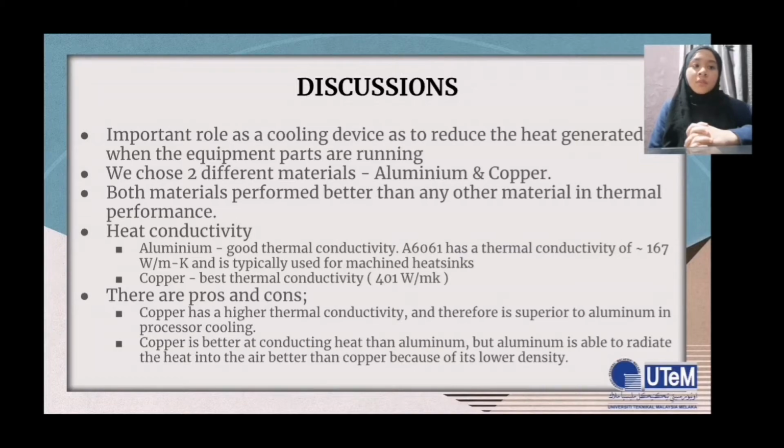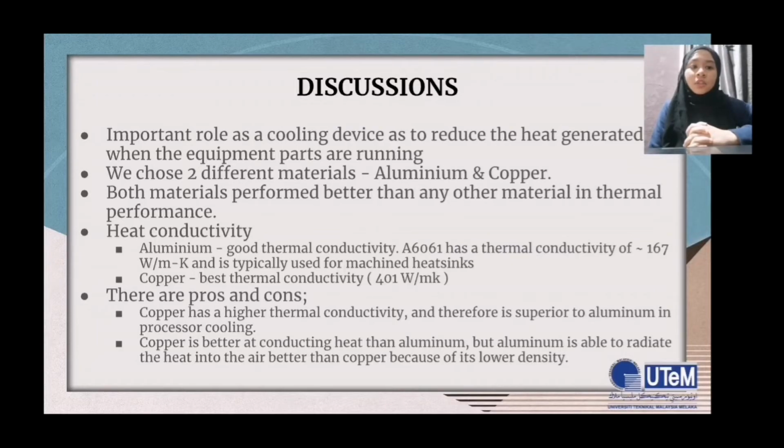The values depend on the temper of the alloy. Copper has an even better thermal conductivity value of 401 watt per meter Kelvin, but there are drawbacks in weight and cost. Copper has around twice the conductivity of aluminum, but is denser and more expensive.